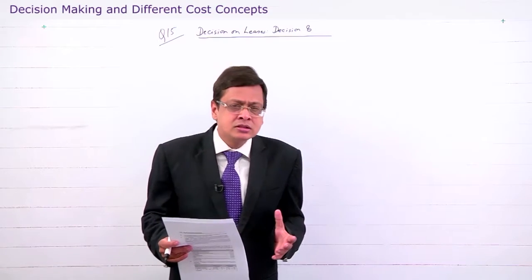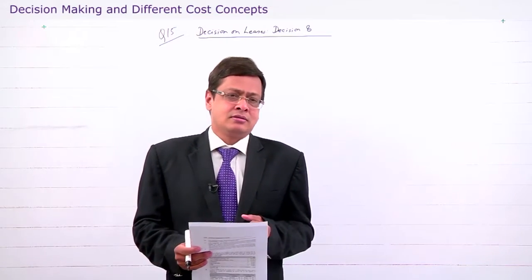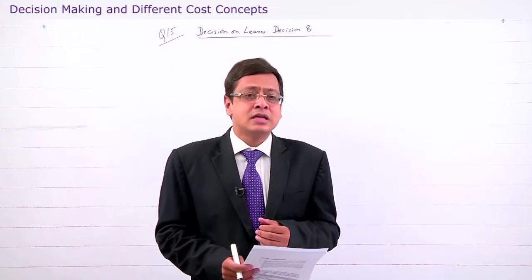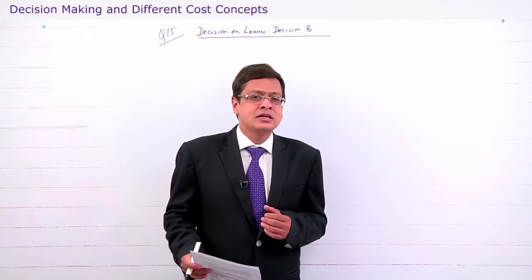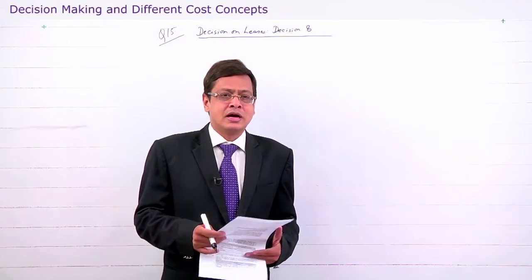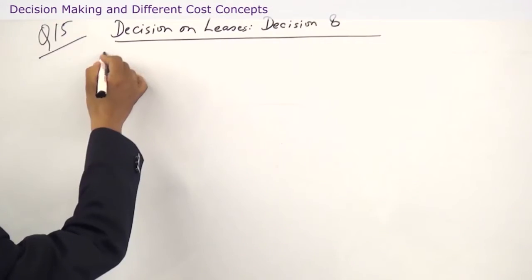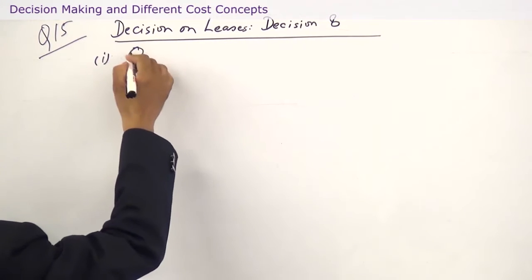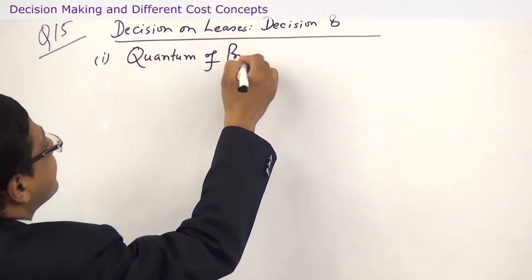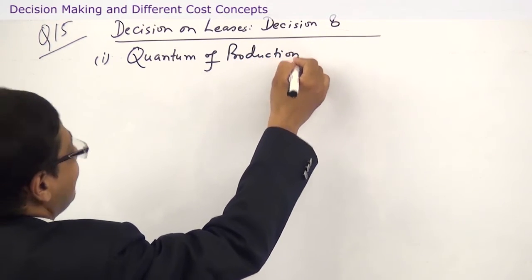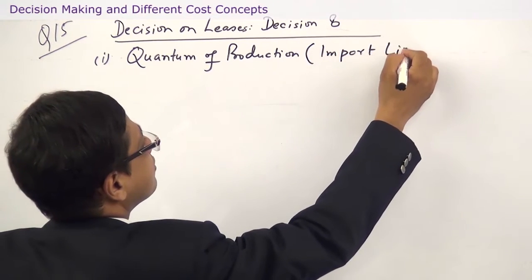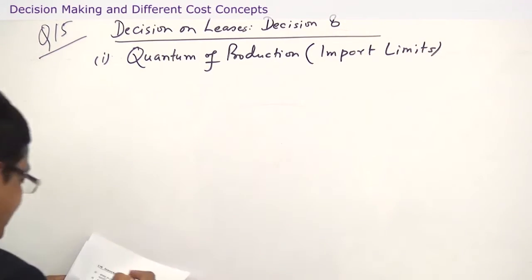So we have 3 decisions to make. Let's take the first decision. The first decision talks of how much is the quantum of production or sales mix of the products with the existing import restriction. So let's do this first part together, friends. Quantum of production, when you have import limits, right?